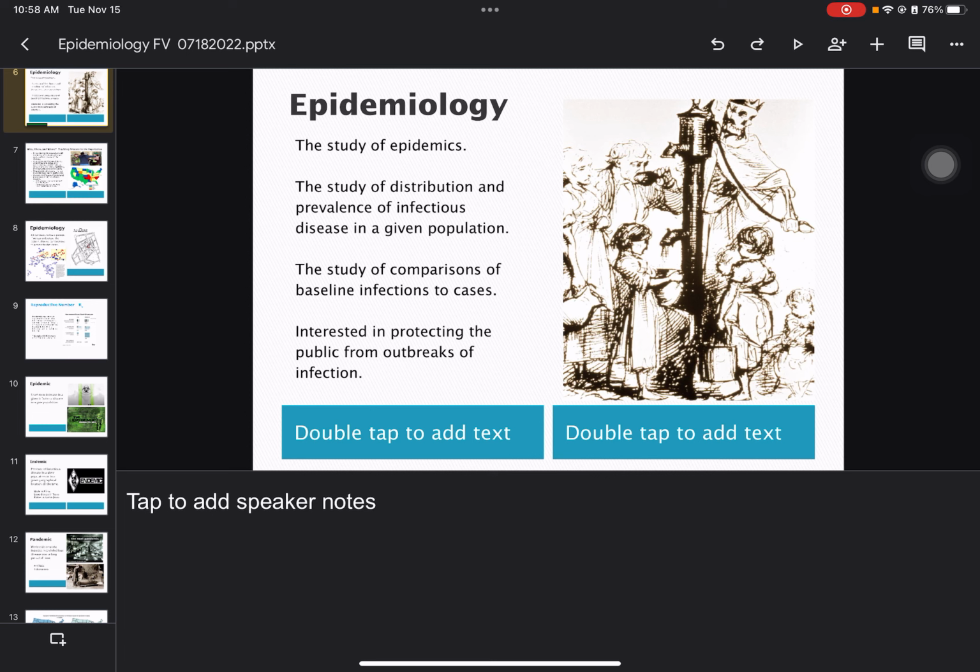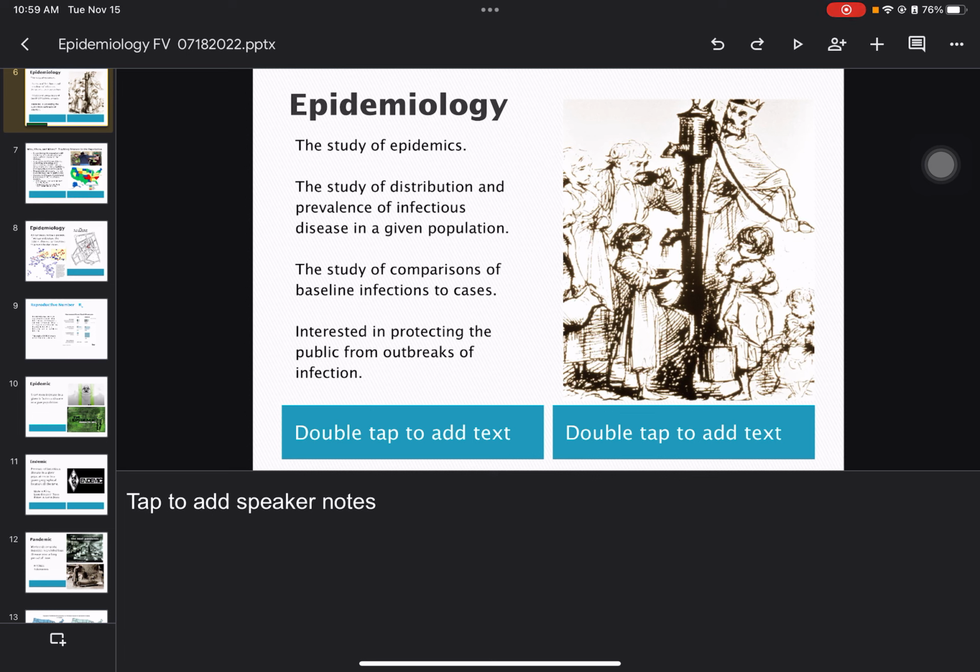They look at things and ask what is in common here? He said, well, there's this water pump in the middle of that grouping of people who were infected. So he went there, tested the water, it tested positive for cholera, and he told the magistrate, this is the cause of the outbreak. The magistrate wouldn't do anything, so legend has it that Dr. Snow went over and broke the handle of the water pump so nobody could use it, and cholera went away.